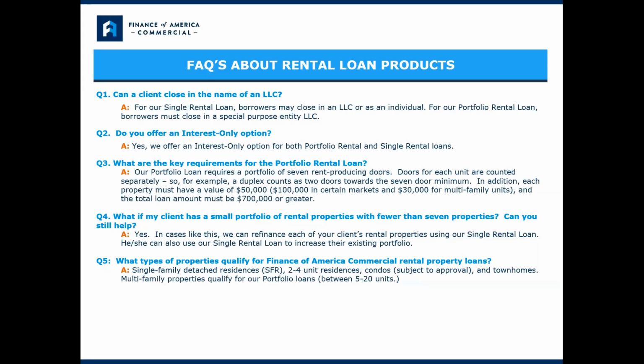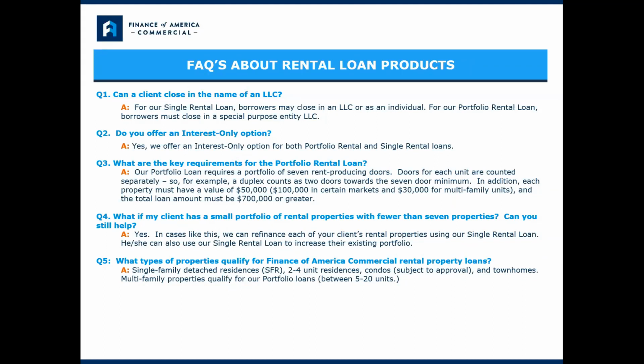One of my favorites is question number 4, which asks, what if my client has a small portfolio of rental properties with fewer than 7 properties? Can we still help? Yes. This is very common in our space: a lot of times people will start off with a portfolio of rental loans, and once they figure out all the options and opportunities in our suite of products, they end up separating their portfolio because maybe they don't have 7 properties, or their value doesn't add up to over $1 million, where we can do a minimum loan amount of $700,000.